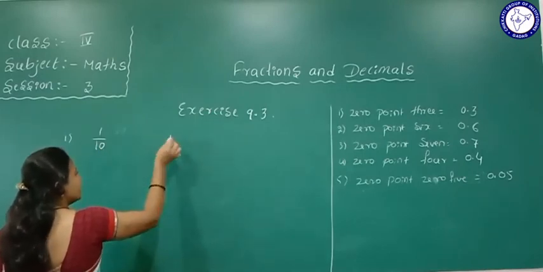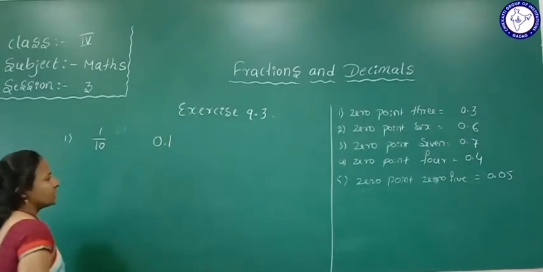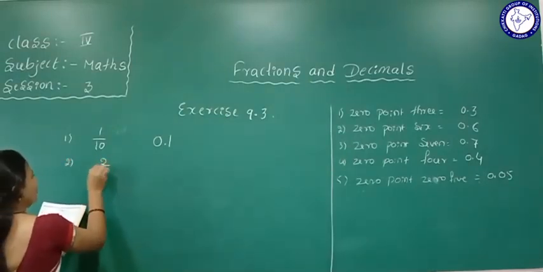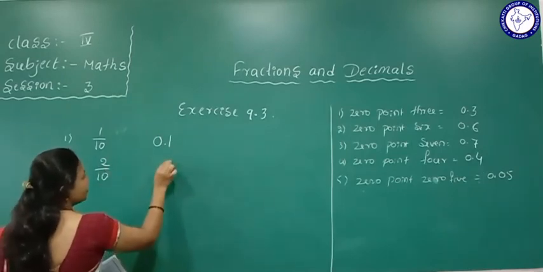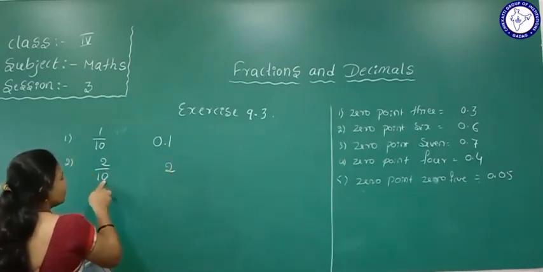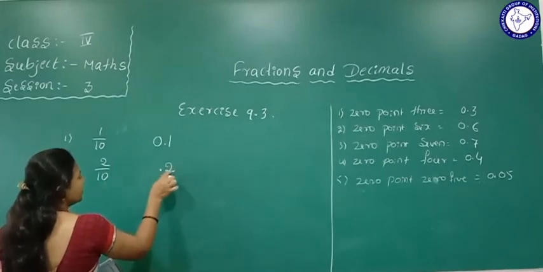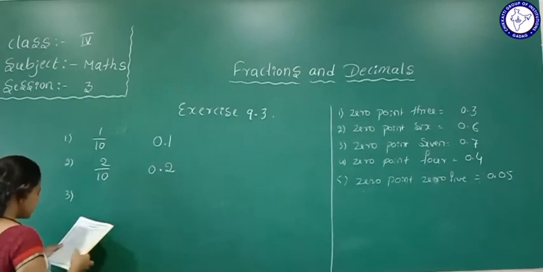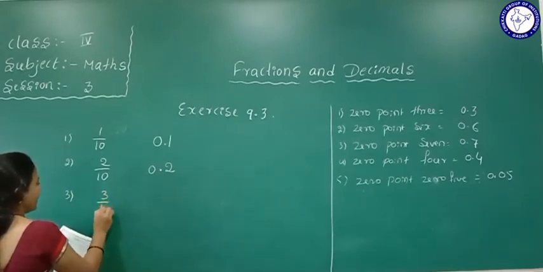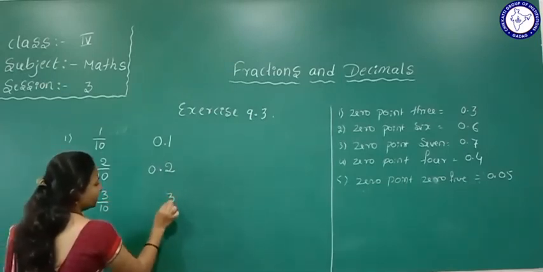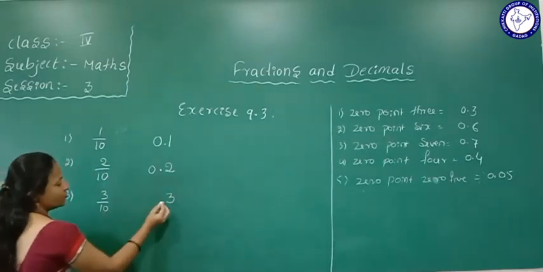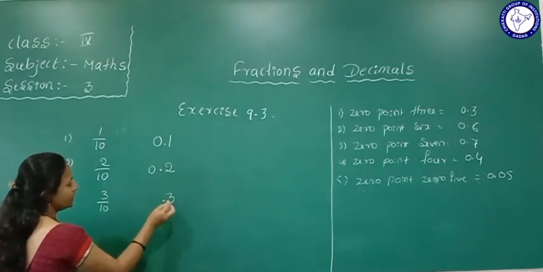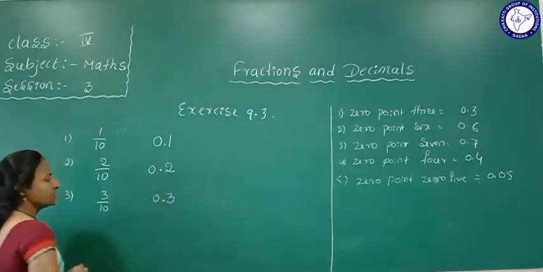So after one digit give a point, then write a 0, 0.1. Okay, next one 2/10. Yes, write first 2, see the zeros, 1 is there, after one digit give the point, 0.2. Okay, next one 3/10. First write numerator 3, see the zeros, only one zero is there, so after one digit give the decimal point, 0.3.